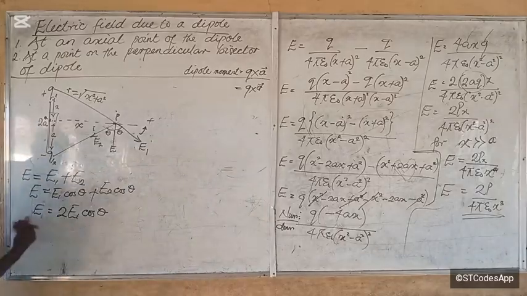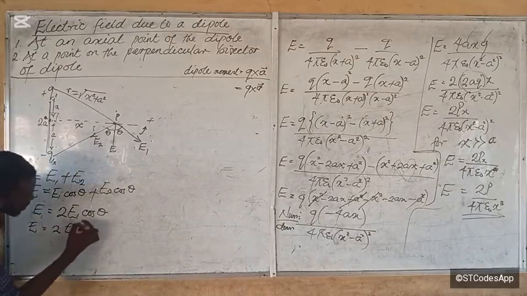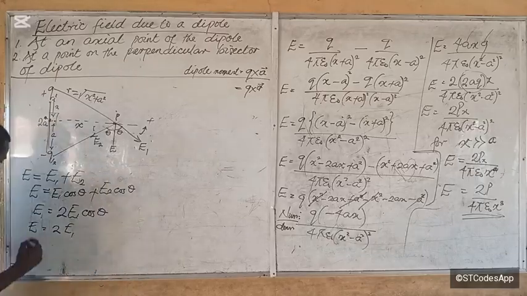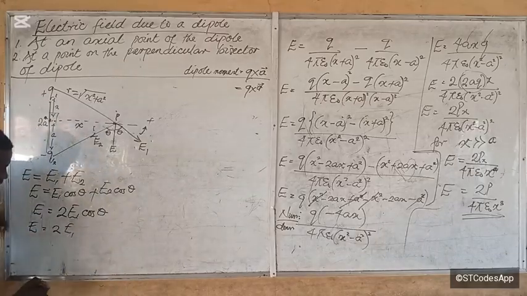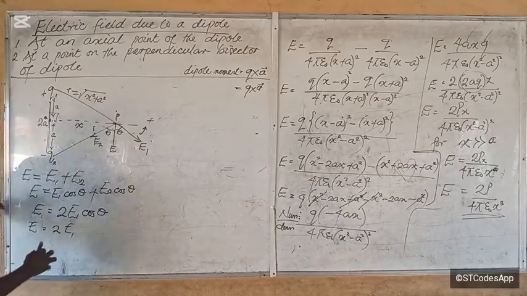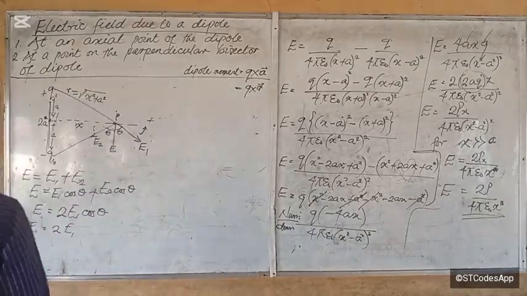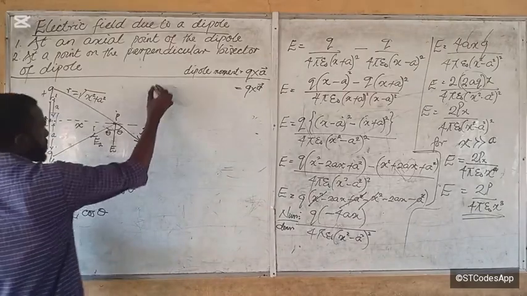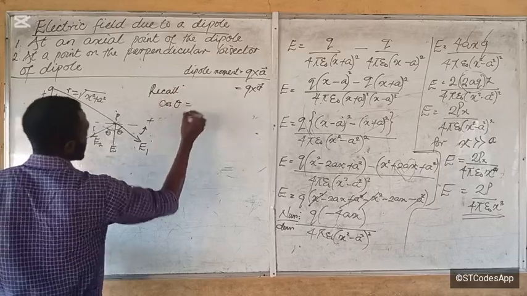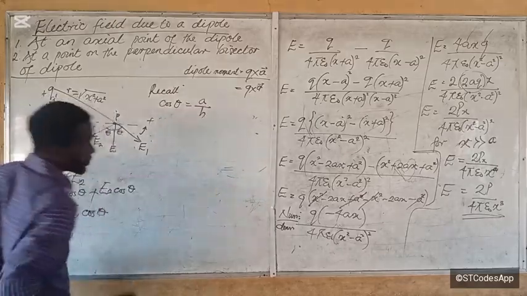So what that means is that our E is going to be 2 multiplied by E1 cosine theta. Now, what is cos theta? Recall that cos theta is adjacent over hypotenuse, right?